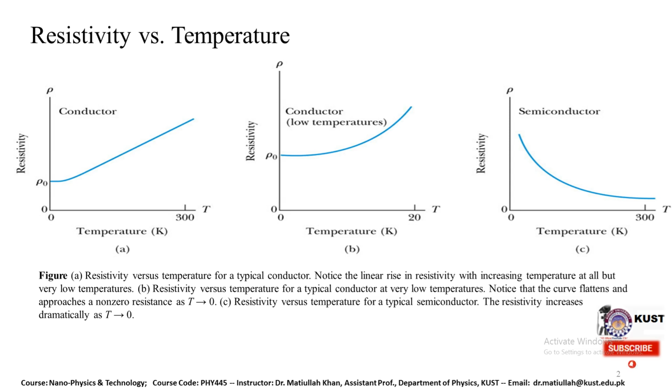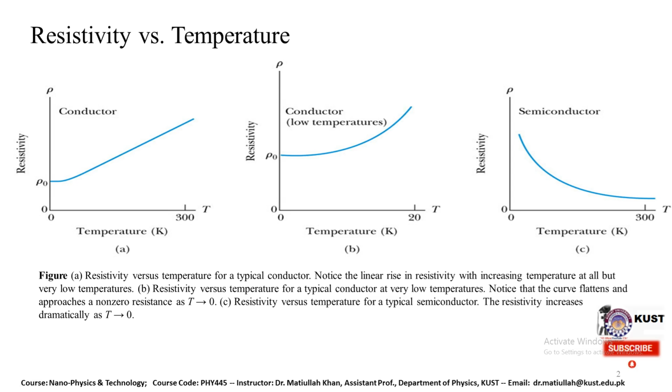There are some low temperature conductors in which the variation between the resistivity and the temperature is a bit different. It is shown in figure B, but keep in mind again there is a limited resistivity even at 0 K. So these are called conductors. We have semiconductors, and the behavior of semiconductors is a bit different.